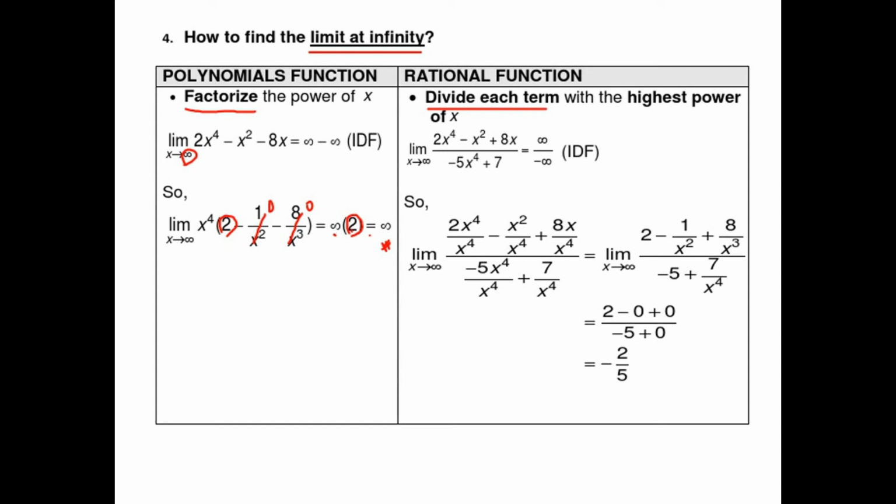When we substitute infinity in this function, we get infinity minus infinity plus infinity, divided by negative infinity plus 7, equal to infinity over negative infinity. It is called an indeterminate form.